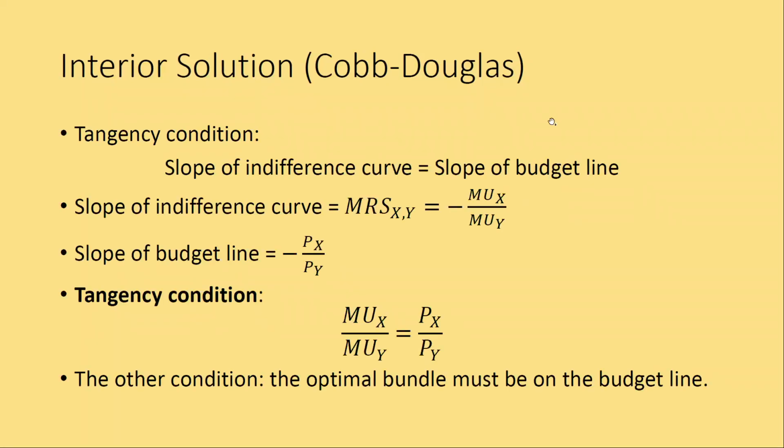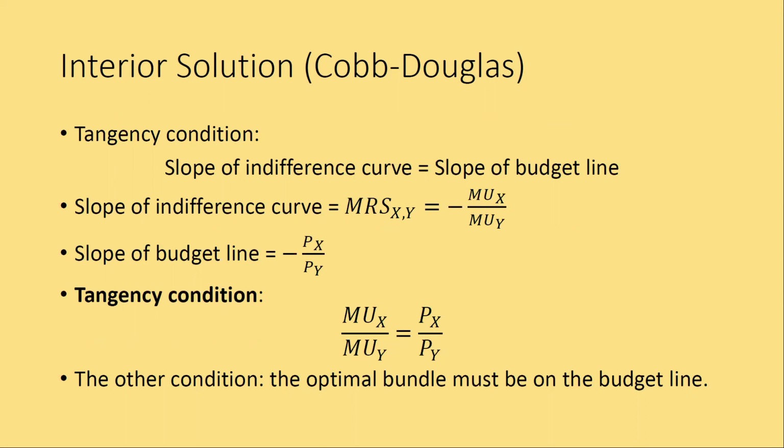So the interior solution to the maximization problem, when your utility function is Cobb-Douglas or something similar to that, we discussed in the previous slide from our drawing that it must satisfy the tangency condition. The tangency condition means that when the budget line is tangent to the indifference curve, the slope of the indifference curve is the same as the slope of the budget line.